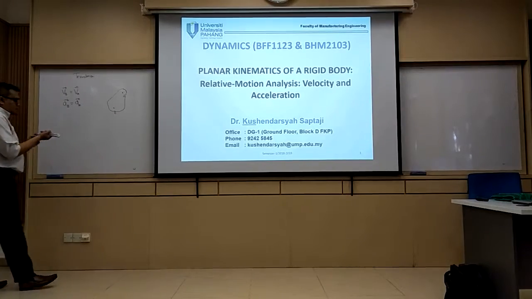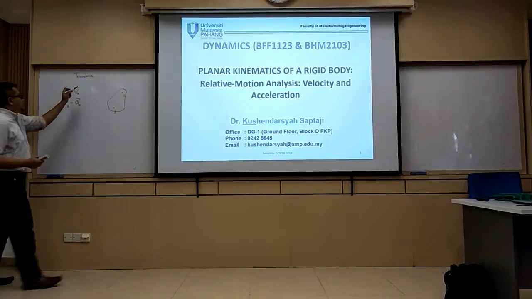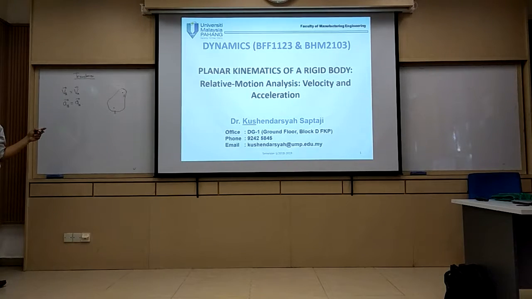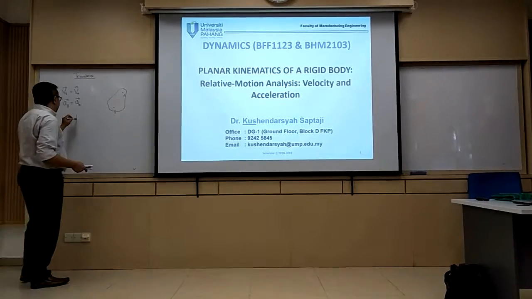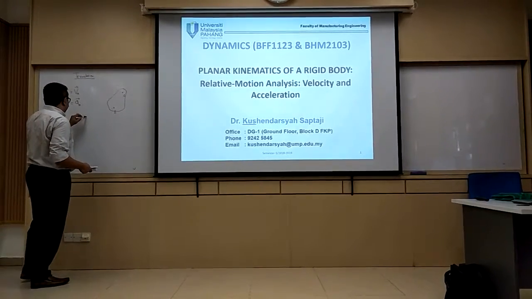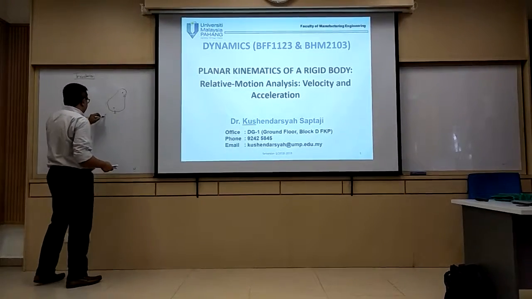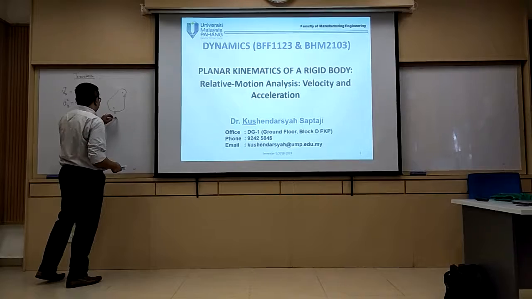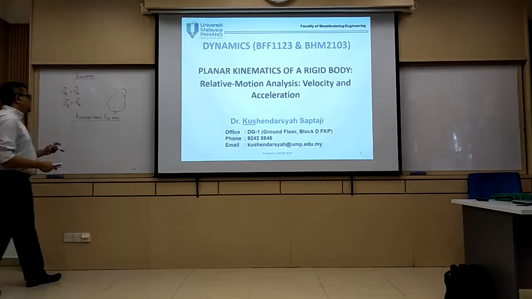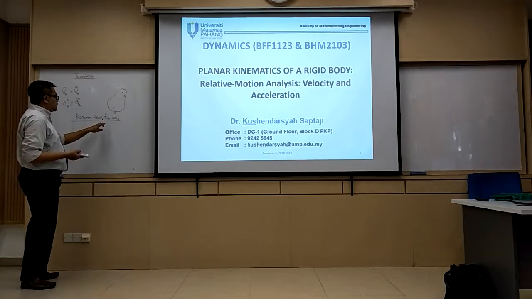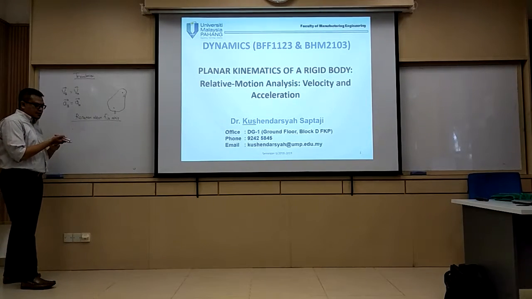Okay. Then we have the second motion. What is the second motion? Rotation about fixed axis. Again, let's take this rigid body, which has a rotation about a fixed axis.